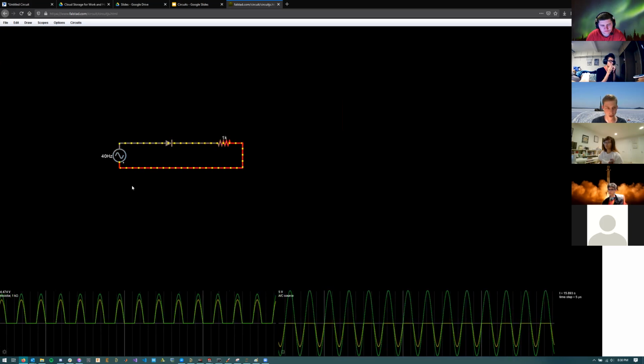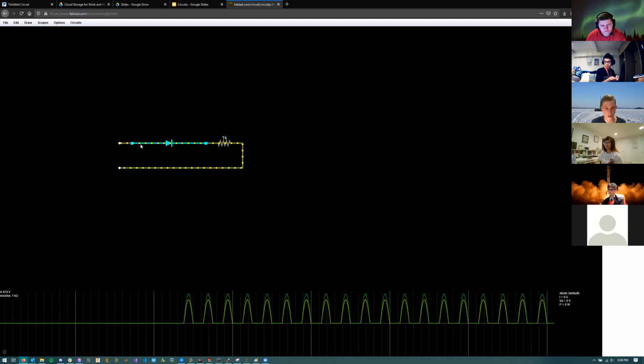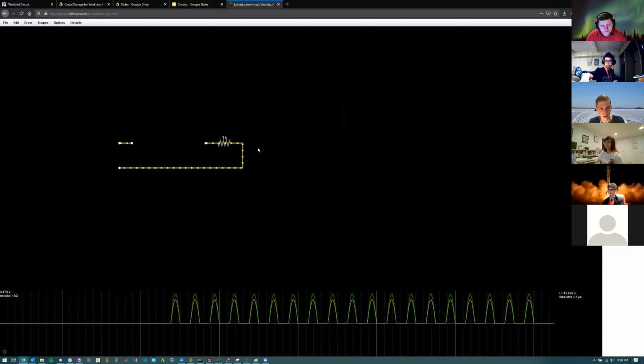The solution to this is to make a full bridge rectifier, which we can do with 4 diodes. This is why I like this online simulator so much.